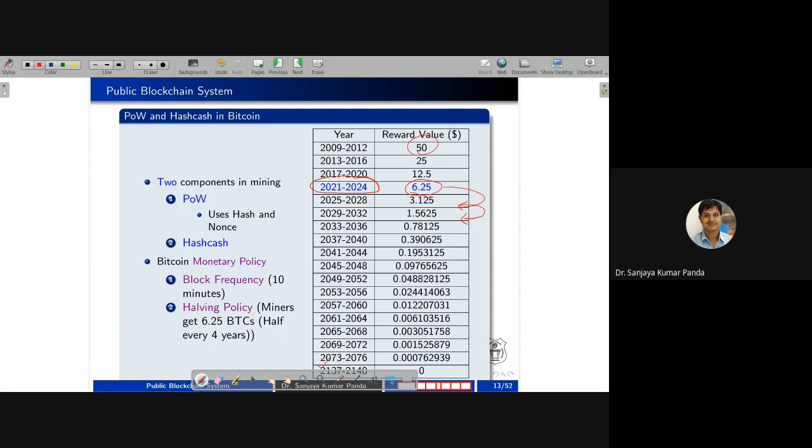Let me address the first one. Exactly, is there any difference between blockchain protocol and consensus method? Yes, my answer is yes. Blockchain protocol and consensus method, both are different. You are thinking that both are the same, because you are thinking that POW is also a protocol, POS is also a protocol. But here blockchain protocol means the network protocols used in the case of blockchain, like HTTP, HTTPS, and other protocols like TCP/IP.